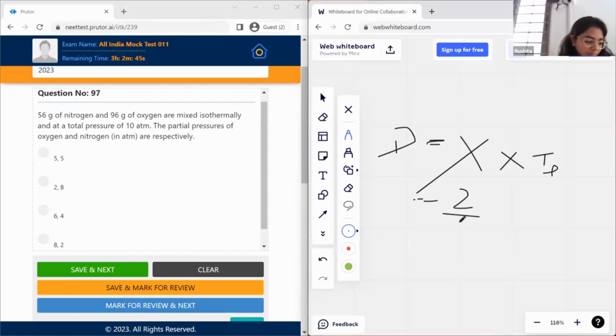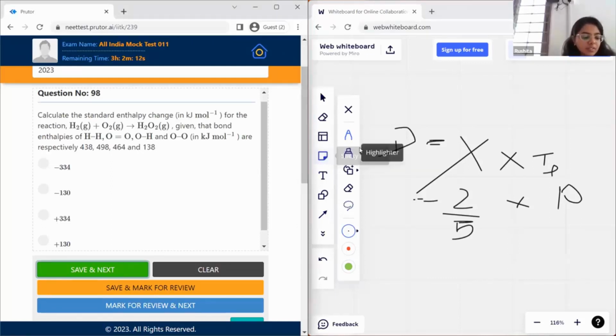So the mole fraction of nitrogen would be 2 upon 2 plus 3, which is 2 by 5, into the total pressure of 10, which is given. So the pressure of nitrogen would be 4, and you can find the pressure of oxygen, that would be 6.